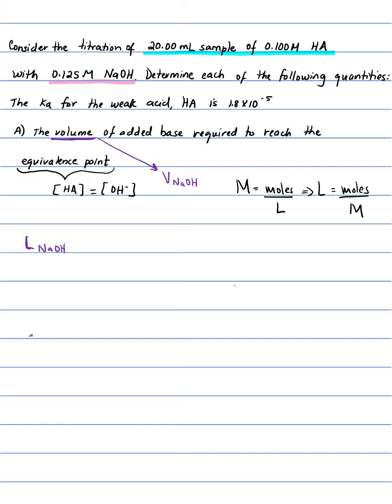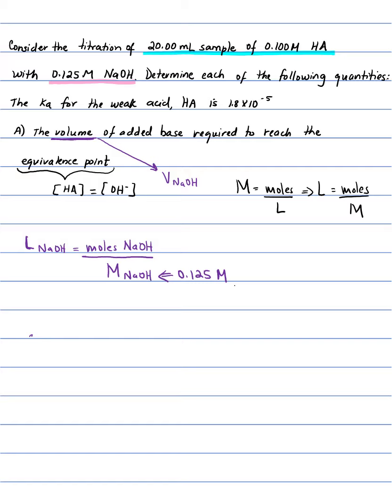So the liters of sodium hydroxide that you need is the moles of sodium hydroxide divided by the molarity of sodium hydroxide. In your problem, you're given that number. Molarity for sodium hydroxide is 0.125 molar.